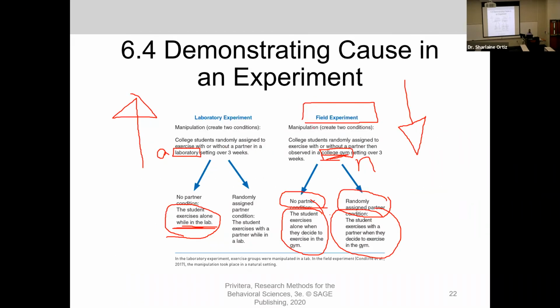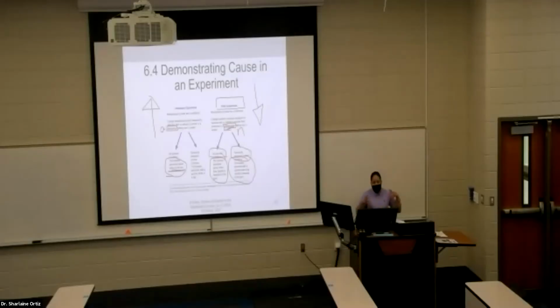Now, in keeping with some of those benefits and downfalls, a great benefit of conducting a study in a laboratory setting is that I can limit the chances of confounding variables, mediating variables, and moderating variables having an impact on that cause and effect interaction.